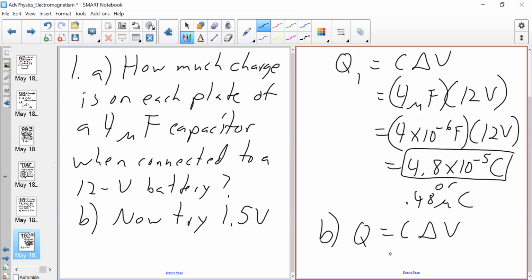C delta V, and again, the same capacitor. What is the charge on 1.5 volts?